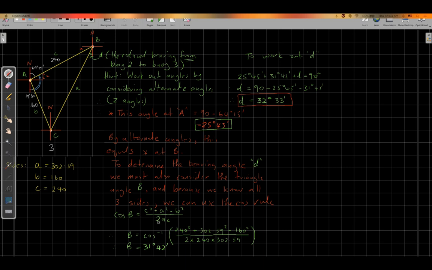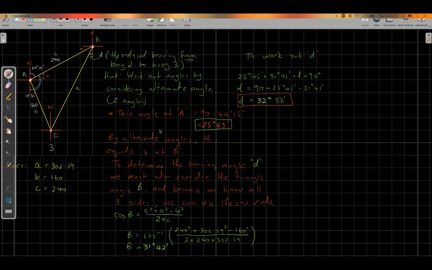So I can just do it all in one step. Okay, so if you go cos to the -1 of C squared, 240 squared, plus 302.59 squared, which is A squared, minus 160 squared, which is B squared, over 2 times C times A, or 2 times A times C. Hit enter, you get 31 degrees 42 minutes. You'll probably have to convert that into degrees, minutes, seconds.